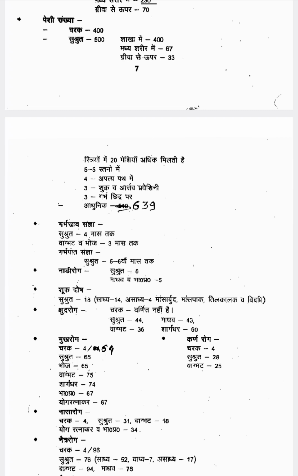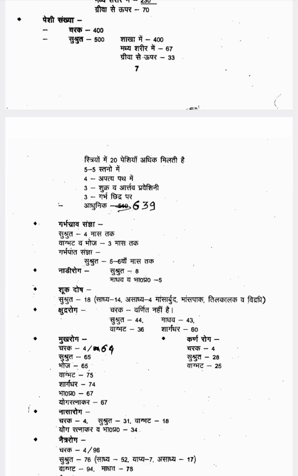So at that time, if anything happens to the garbha, that will become a bleeding. In that way only it will be coming, as a fluid. So that is called Garbhasrava. So if in the first 4 months anything happens to the garbha, that will become a discharge. That's why it is called Garbhasrava.